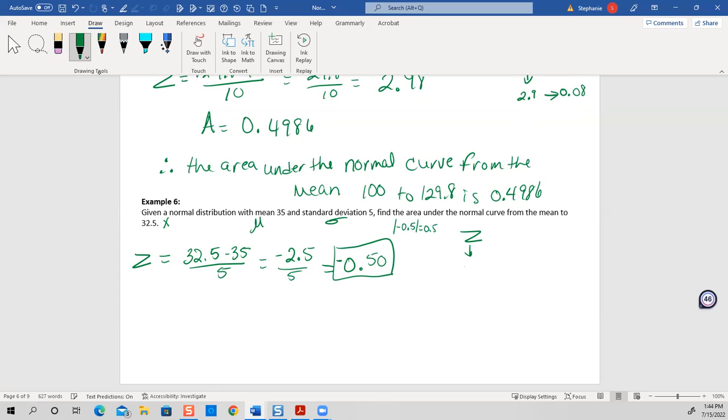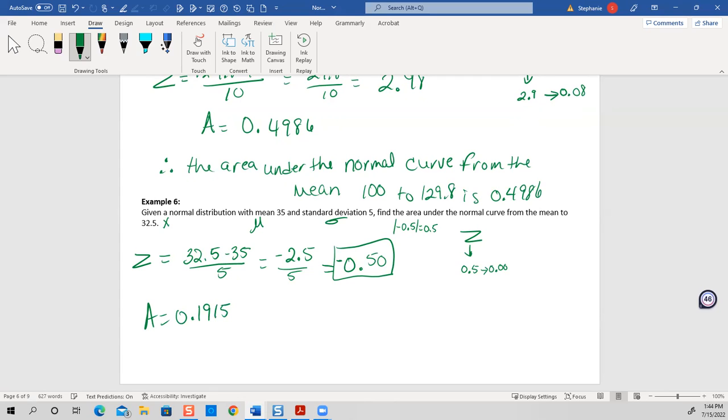So we're going to go to the table, go down to 0.5 and over to 0.00, and you'll find the value. And the area, once we do this, we notice that the area is 0.1915.